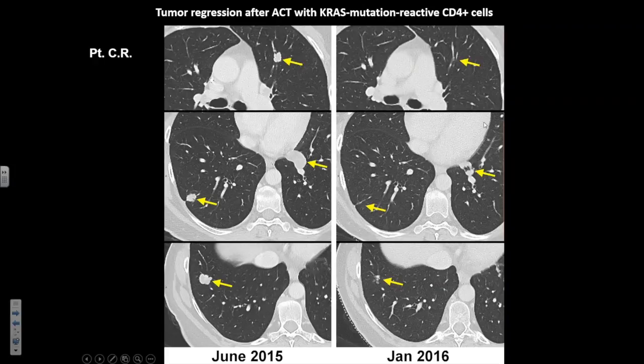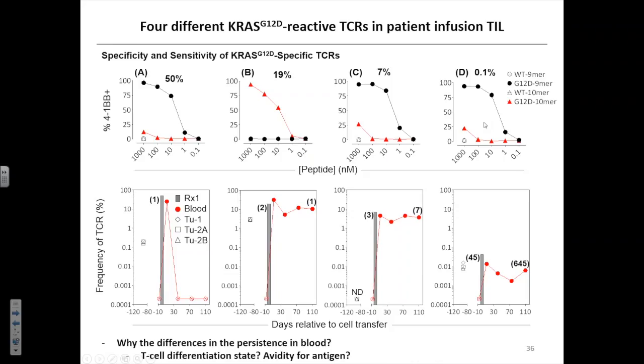So that's a rare event. We see that in about 5% of cancers that can lose class 1 by virtue of beta-2 microglobulin mutation, or in this case, loss of part of the chromosome that encoded this restriction element.